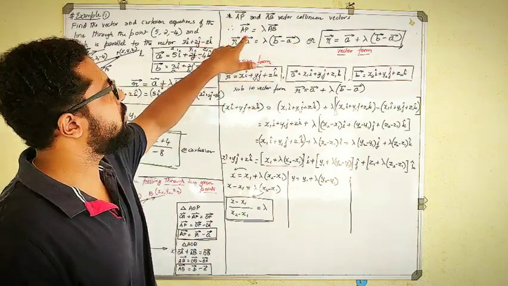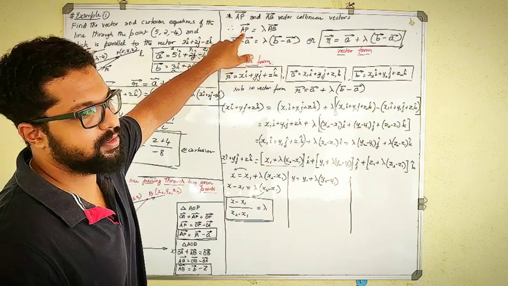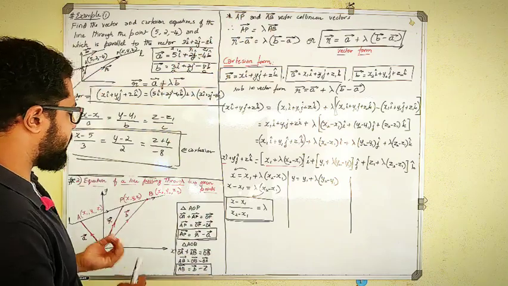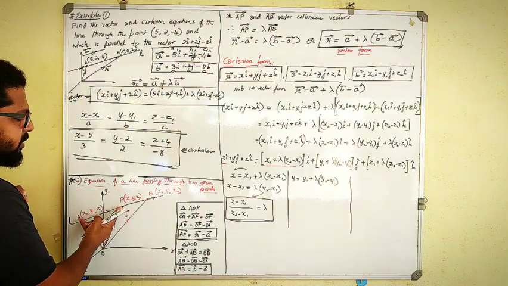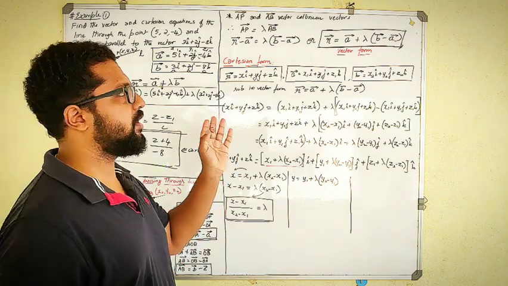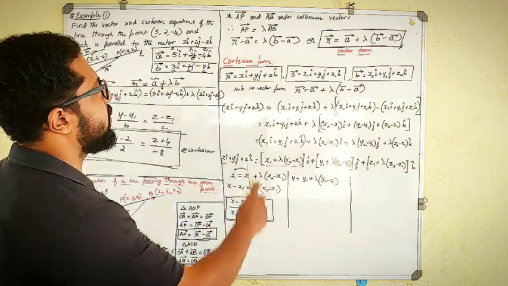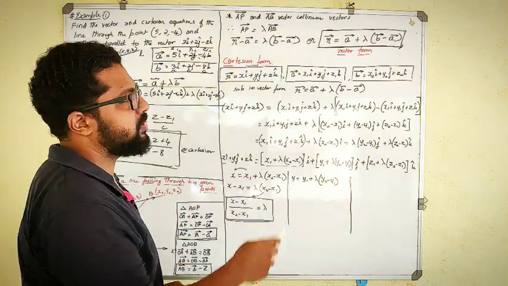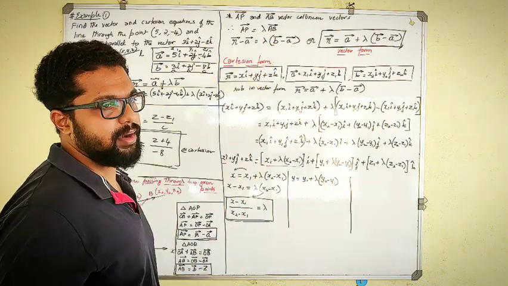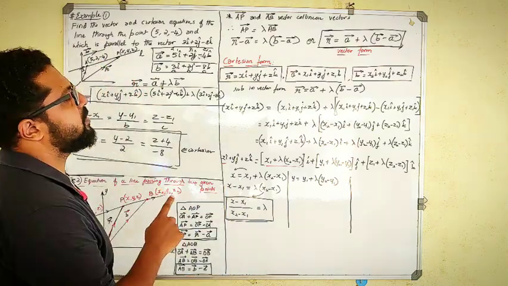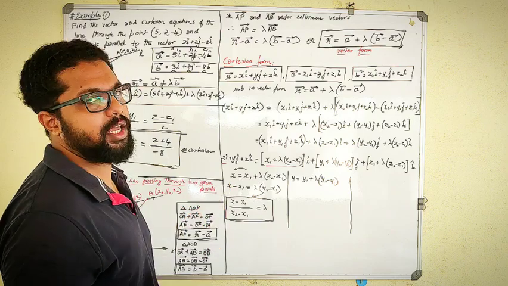The condition is the same as the previous one: AP vector is equal to lambda times AB vector, where lambda is any random number. This is the condition for collinearity or parallelism, whatever it is. In the previous derivation the same condition was used for parallel; right now we are using it for collinear.